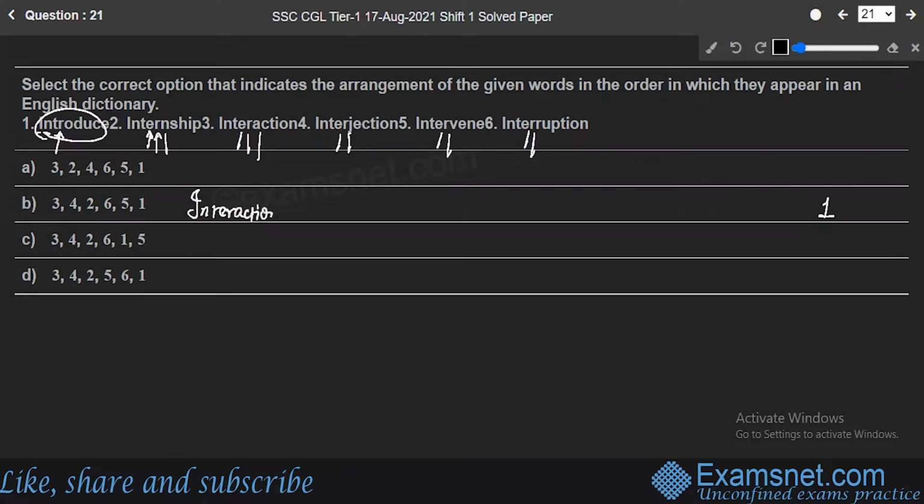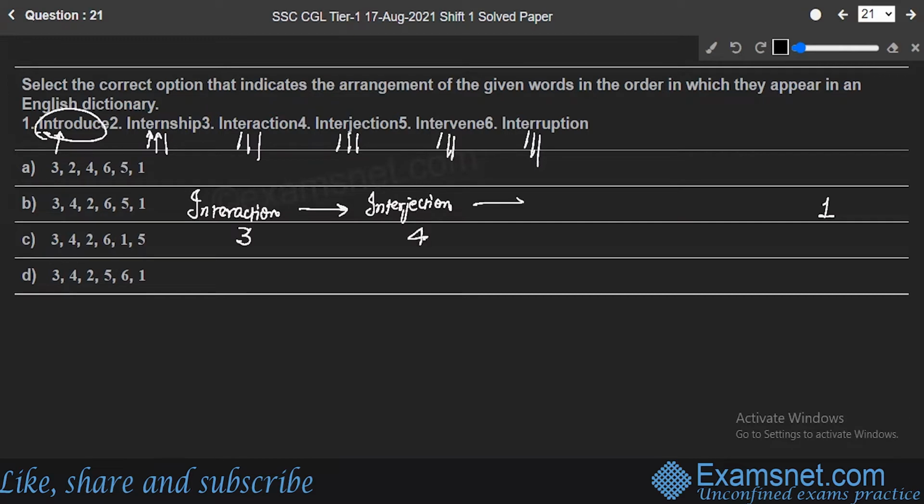Interaction, this is the first word, which is at position 3. Then this is followed by A. Then you have an E over here, interjection. And over here you are having a V, then an R. So obviously interjection, the fourth word, will come at the next place.